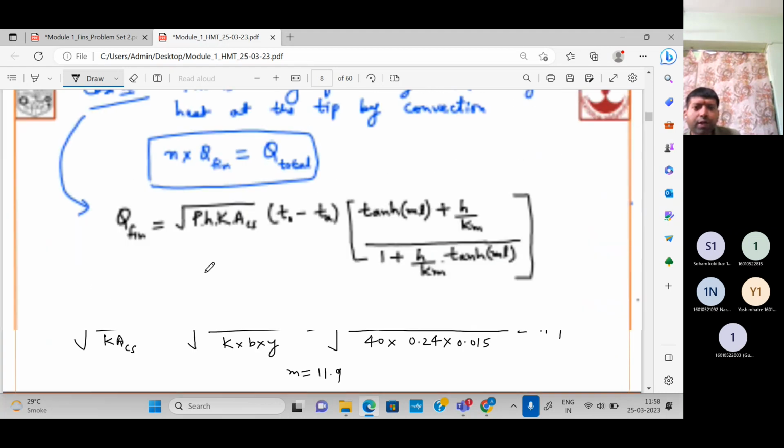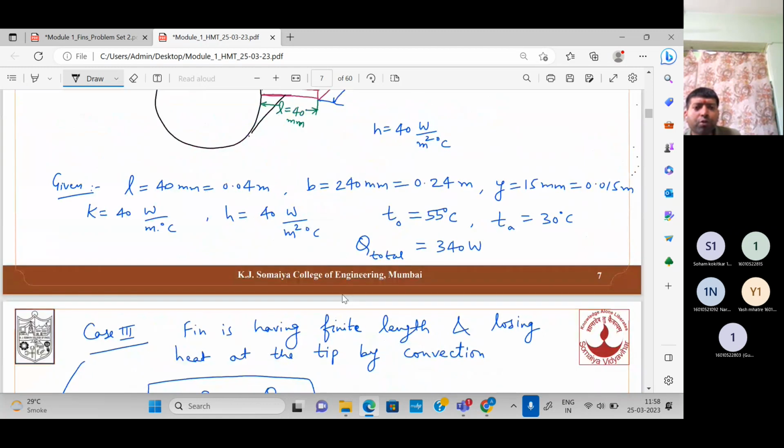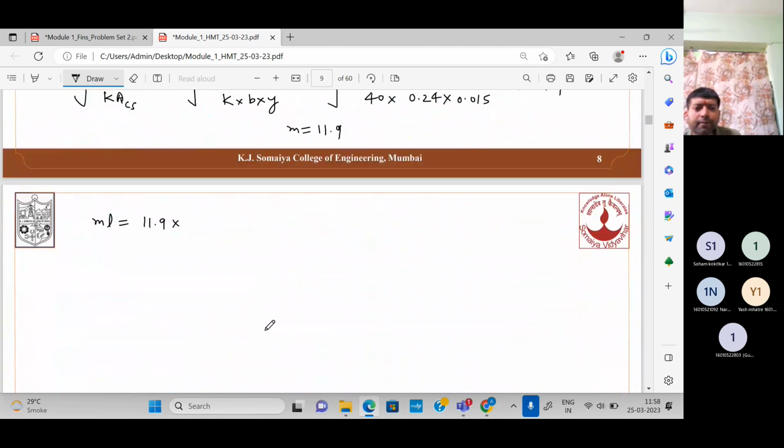L is this 40 mm. Okay, so 0.04 meters. Just put the value. So the calculated value is 0.476. Okay, now put all the values in the above expression.